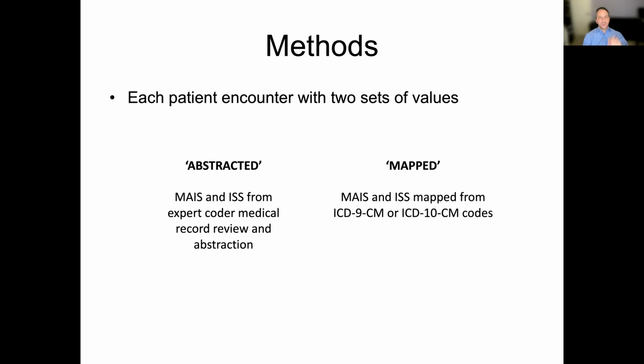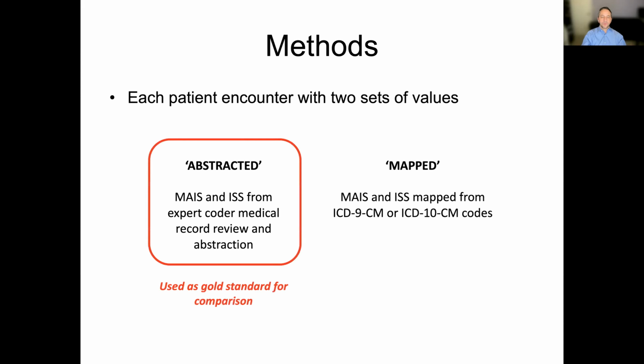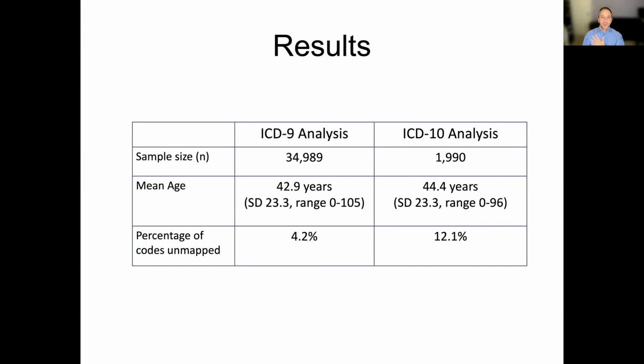So that's the abstracted method. And then there was the mapped method, where we purely took a grid of all the ICD codes related to injury, and we mapped them using the previously mentioned map. The abstracted ones were used as a gold standard for comparison because it was the gold standard by definition.